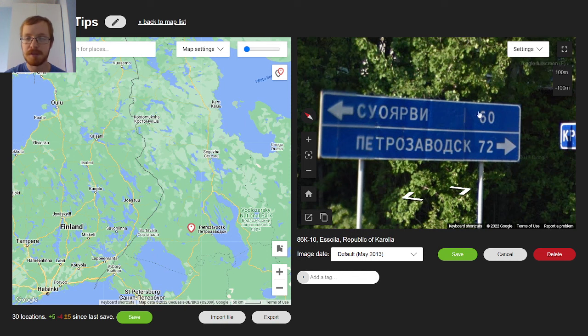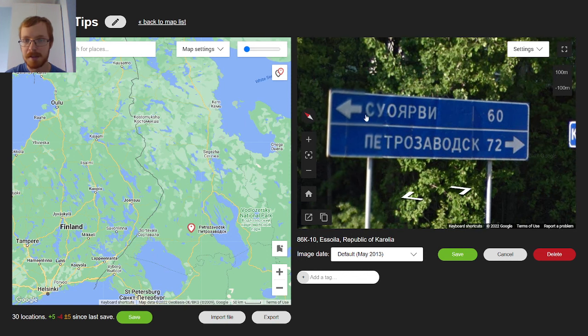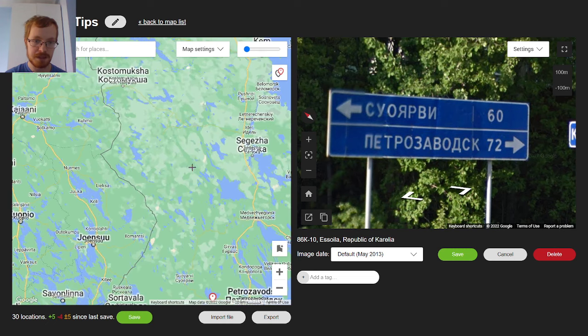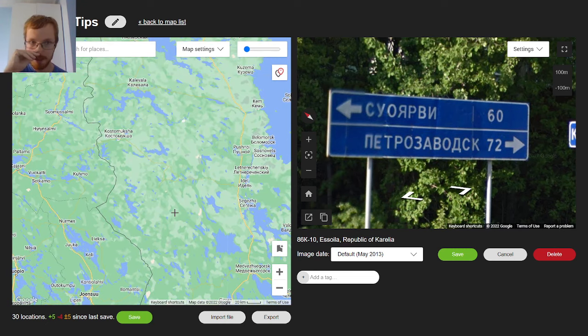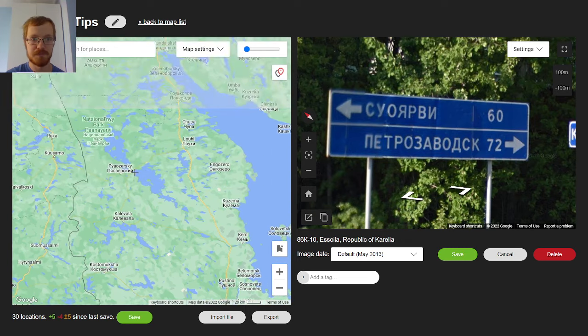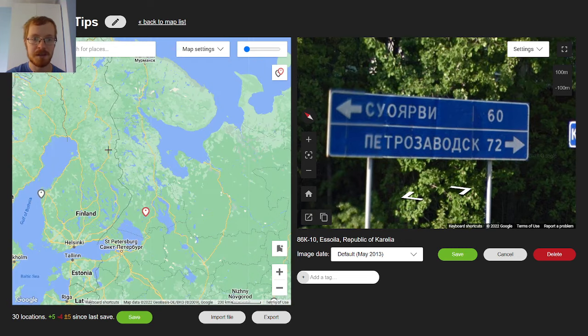So if you can read Cyrillic and you can make out some of the names like this, Suojärvi, you can see that it sounds almost Finnish. So if you see a lot of names that sound quite similar to Finnish, but in Cyrillic, then there's a chance that you might be in these areas of Karelia near the Finland border.